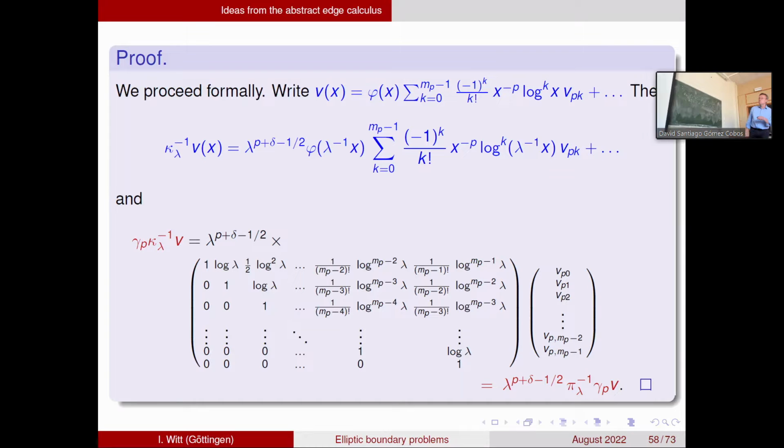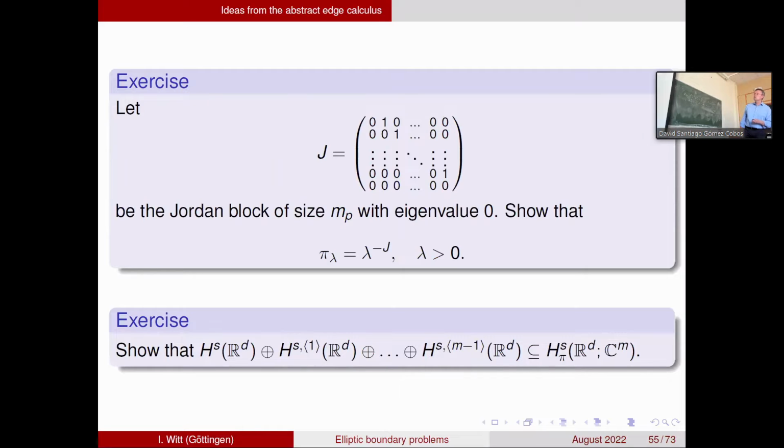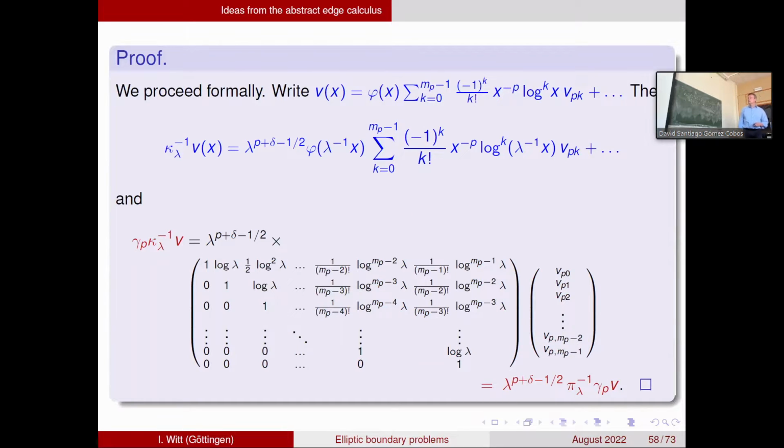The pi lambda was not lambda to the j, but lambda to -j. So we have pi lambda to -1, and then we get that stuff to the other side, both of them. That is the homogeneity. Our traces are homogeneous. This is homogeneity, and this comes in very handy.